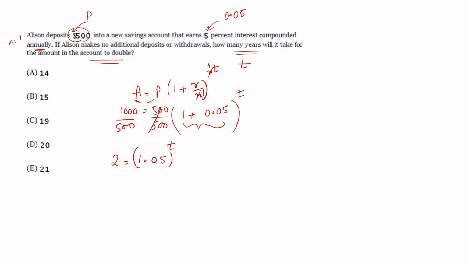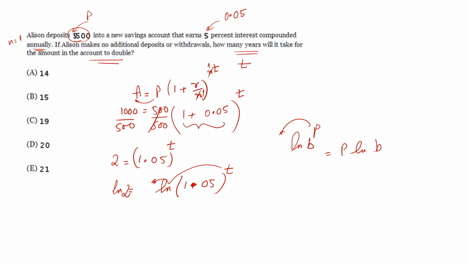In order to bring the t down, of course I will take the log on both sides. Let's suppose I want to take ln on both sides. As I told you before, with anything with a power, for example ln of b to the power of p, the power always comes before the log. So this t will come over here.